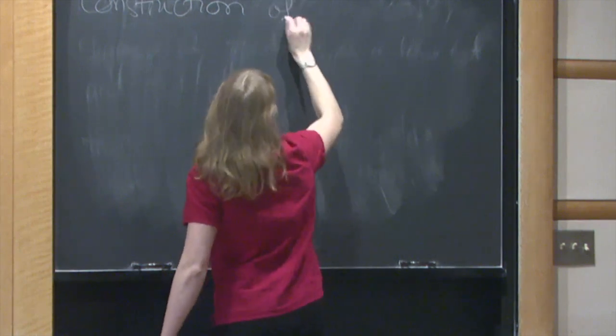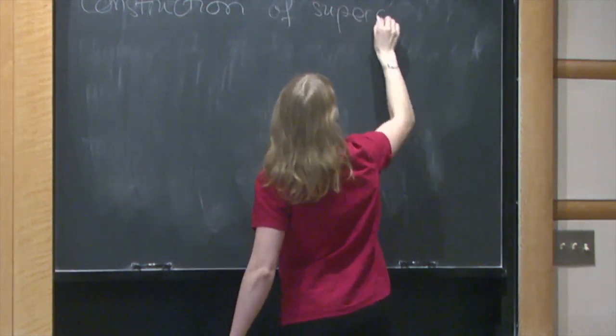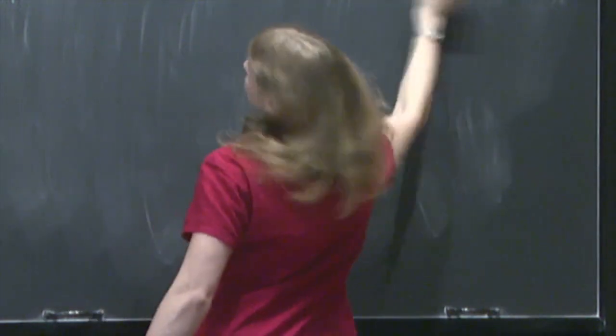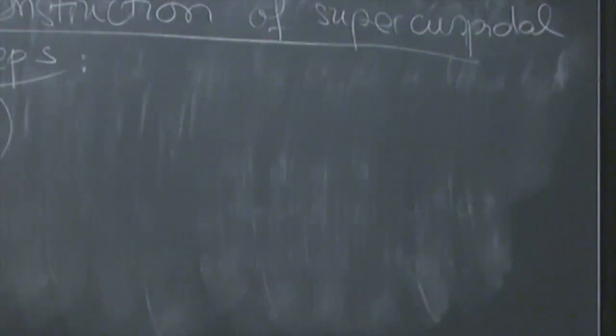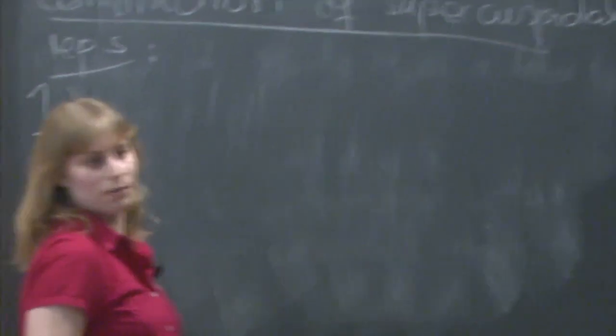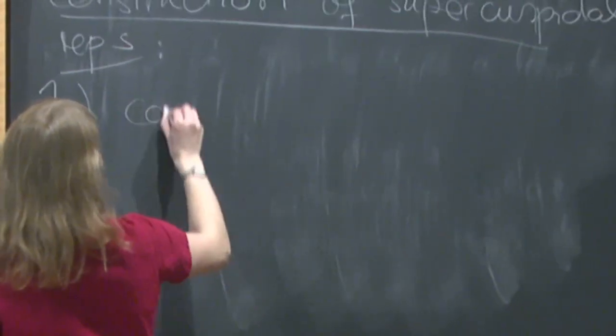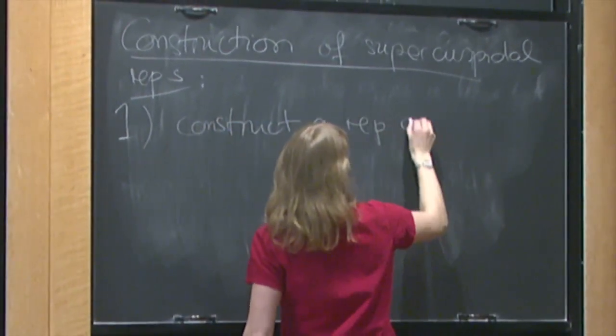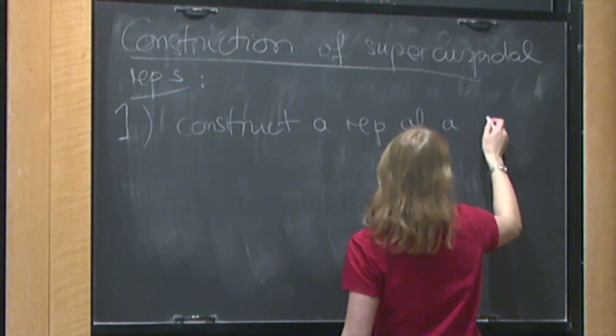Construction of supercuspidal representations. So there's a folklore conjecture that all supercuspidal representations arise in this way that I'm going to write down. The way is as follows. So first, you construct a representation of a compact open subgroup.